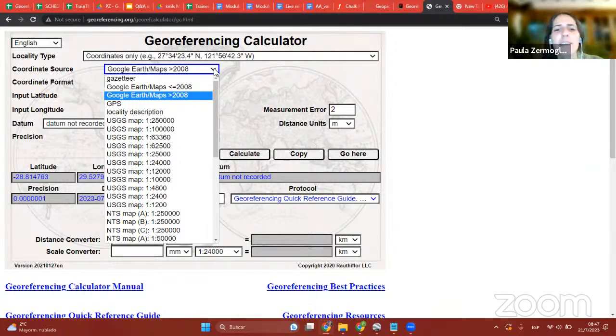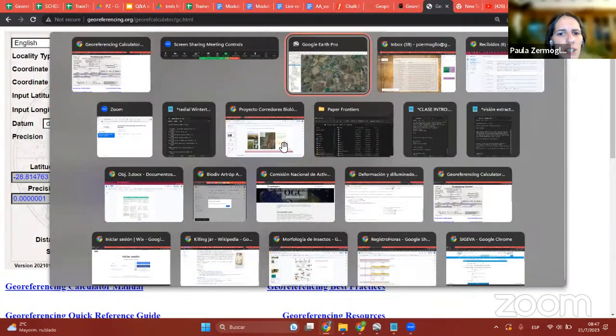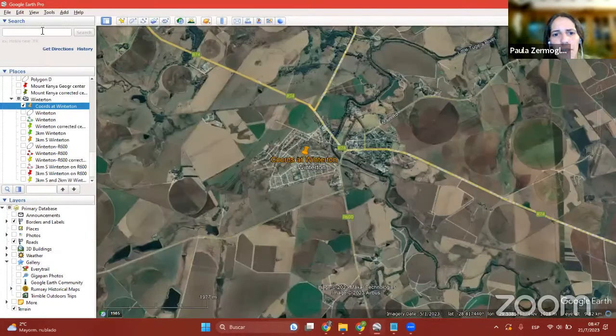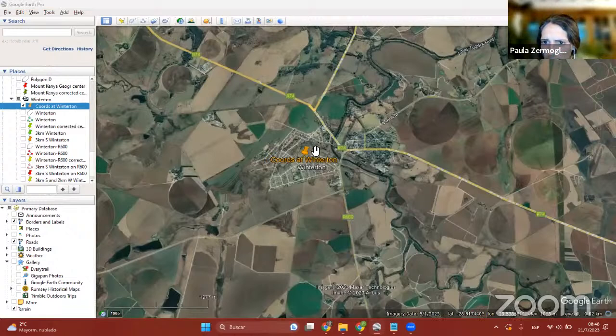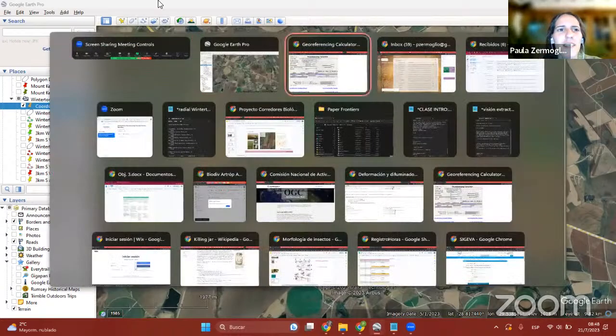I am not getting them from Google Earth. What I'm doing here is looking for them in Google Earth. But where did I get them from? How did I know those coordinates were those? In the chat, someone says GPS, and no, it's not GPS either.